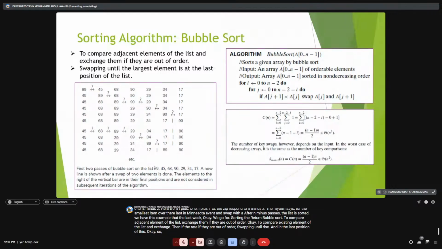So for bubble sort, here is the algorithm: bubble sort, array 0 to n minus 1. The output is the sorted array.